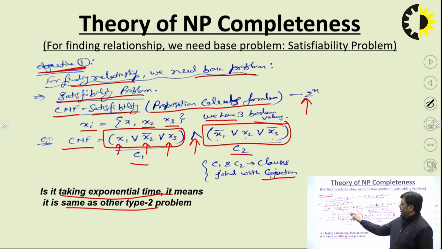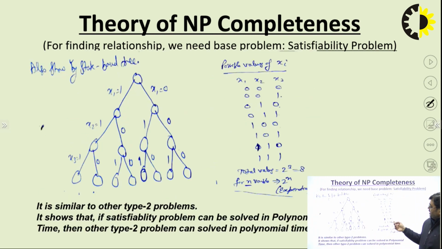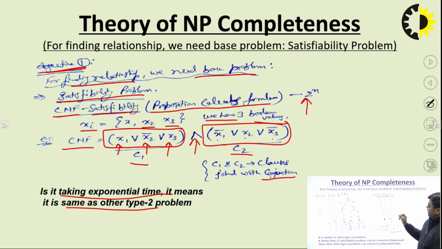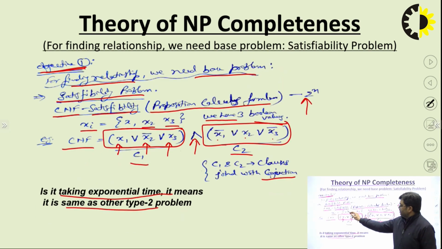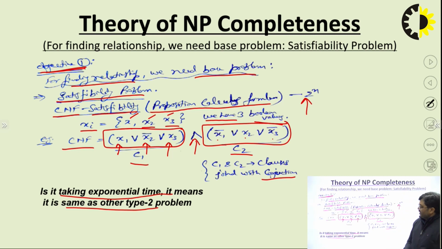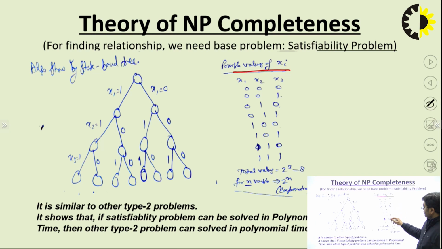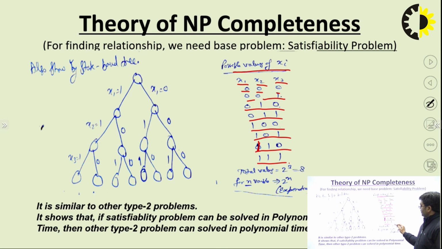There are three values, x1, x2, x3. If we try to find the possible values of xi, what will they be? 0, 0, 0, then 0, 0, 1, 0, 1, 0, 0, 1, 1, 1, 0, 0, 1, 0, 1, 1, 1, 0, 1, 1, 1.